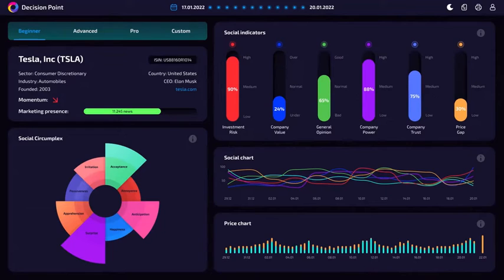Then we have the general opinion indicator, which obviously displays the, let's say, general mood regarding the company over a selected period of time. Of course, extracted from online sources. For me, and I believe for the whole target market, it's helpful because it helps in identifying people's opinion about the company. You can see that here the general opinion is oriented towards good.